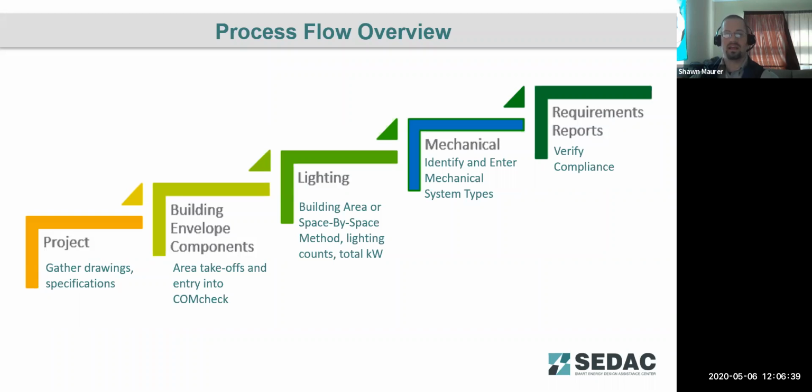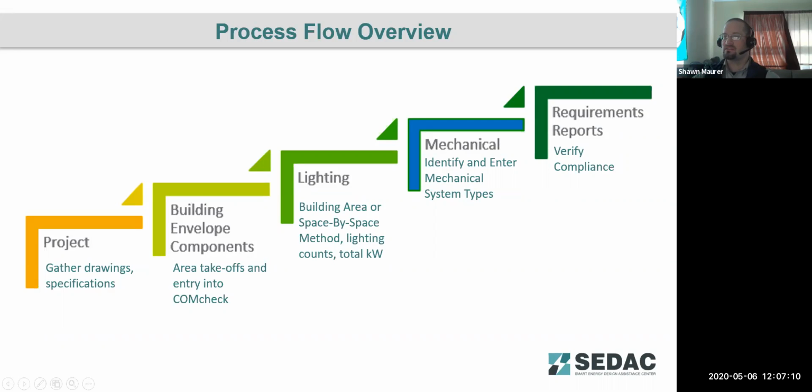And then you'll step into a lighting section where you'll enter in details about indoor and outdoor lighting. Both the building area and space by space lighting methods are included in that as options. And then you'll enter in some mechanical details. And finally, there are checklists for compliance verification that are included at the end of the program and contribute to the compliance reports for the program.